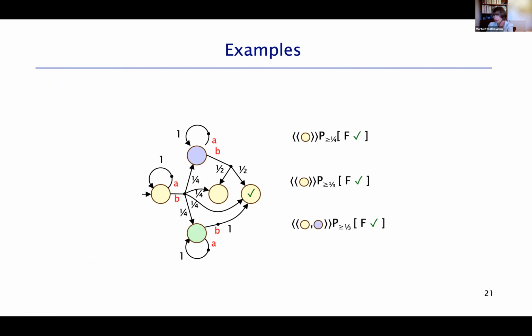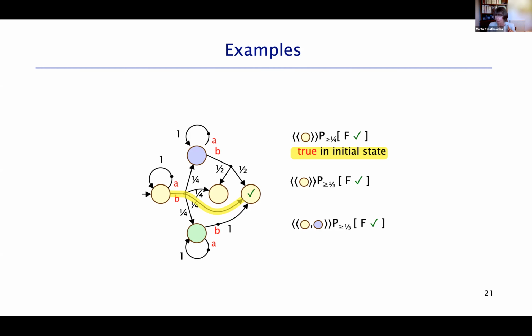And just to have a look at this example, well, so this is a simple turn-based game. And let's consider the first property. So does the yellow player have a strategy to win the jackpot with probability at least a quarter? And the answer is yes, this is true in the initial state.